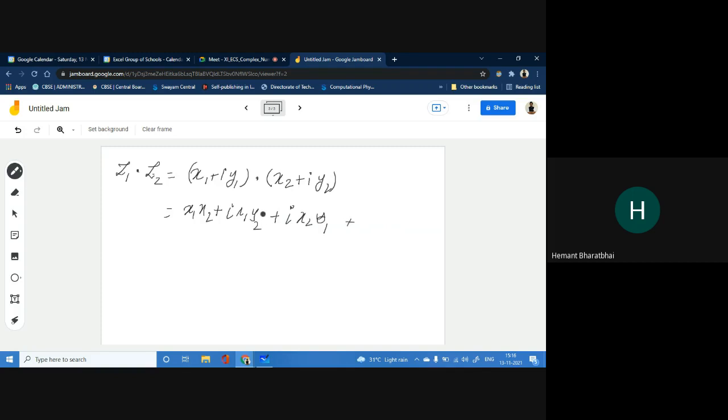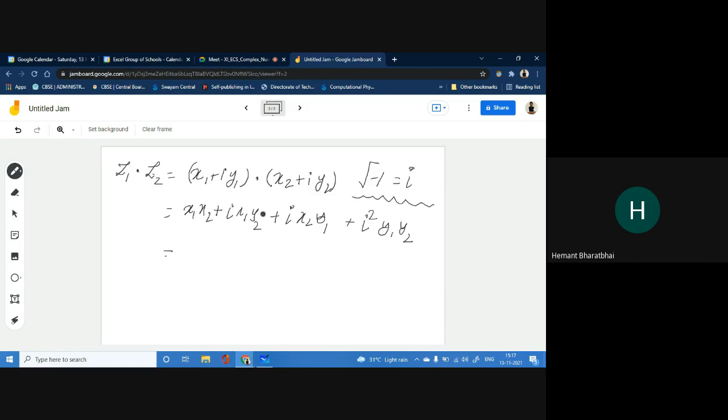When I multiply, I'll get x1 into x2 plus i into x1 y2 plus i into x2 into y1 plus this i y1 into this i y2. So i into i, that will give me i square y1 into y2.